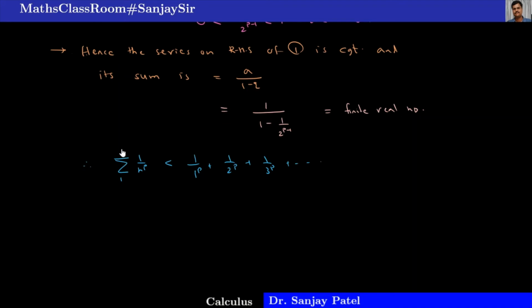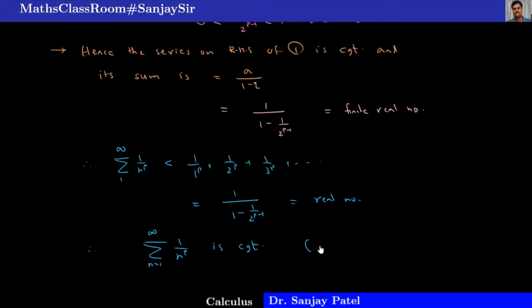This we are writing from result number 1, which is equal to 1 upon 1 minus 1 upon 2 raised to p minus 1. Since the series on the LHS is less than this number, which is a finite real number, therefore this series sigma 1 upon n raised to p, where n is equal to 1 to infinity, is convergent because its sum is also finite.